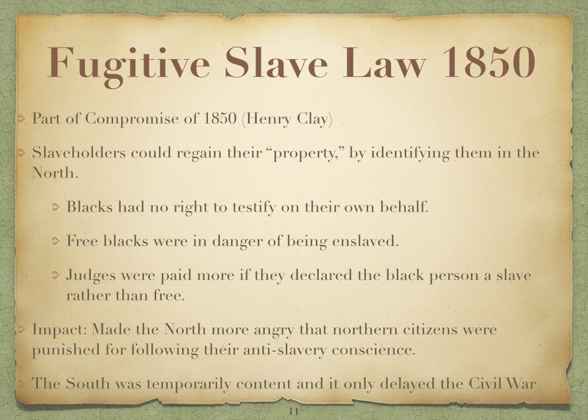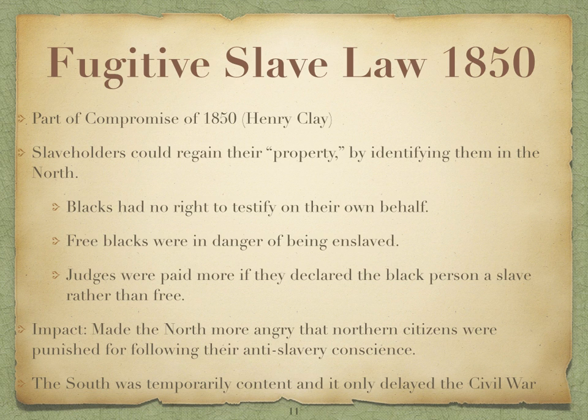The Fugitive Slave Law in 1850: slaveholders could regain their property if their slave ran away. They could go to the North and identify the slave, and there's a good movie out. I haven't seen it yet. I have it sitting beside me. It's 12 Years a Slave or something like that.